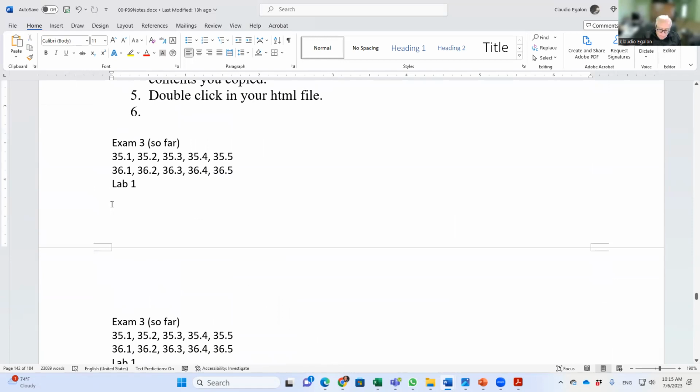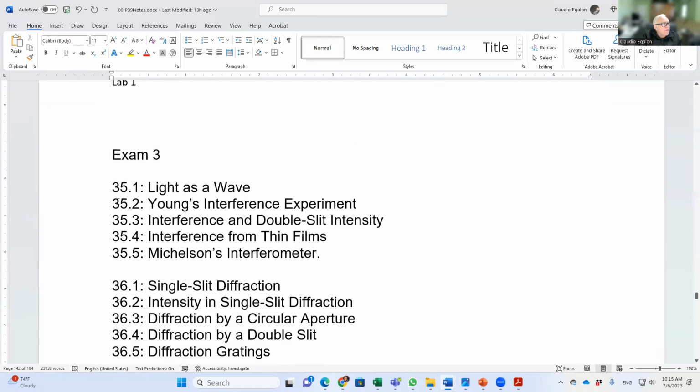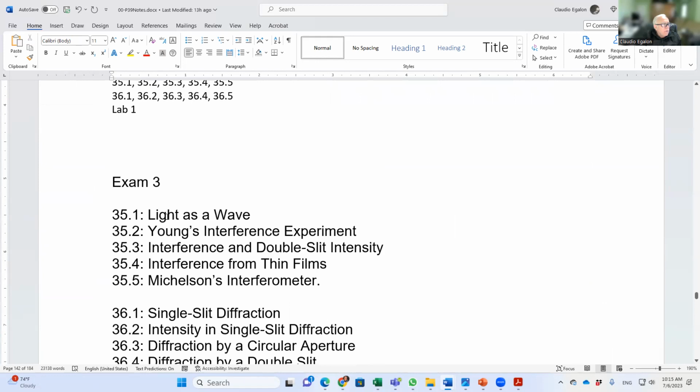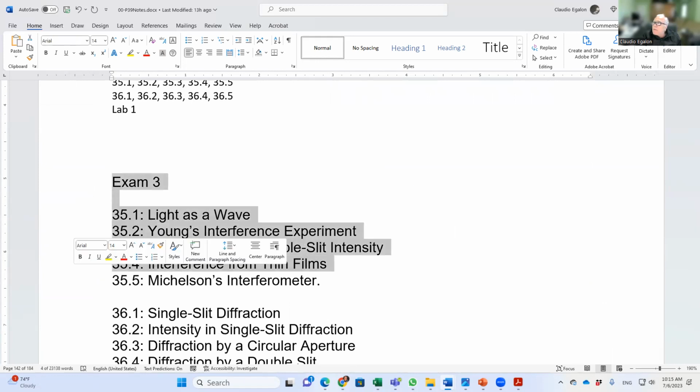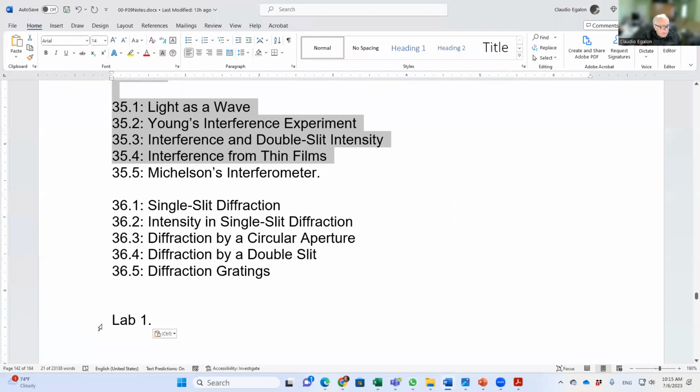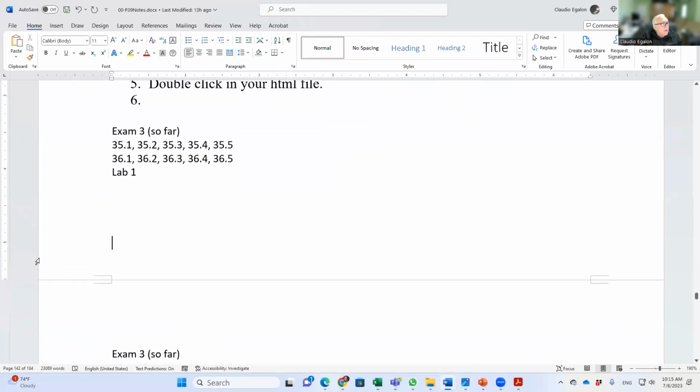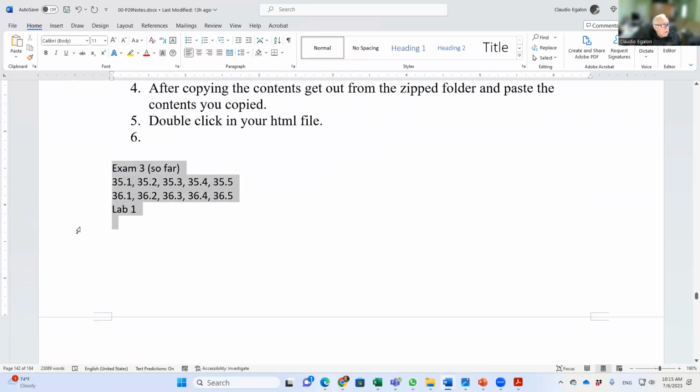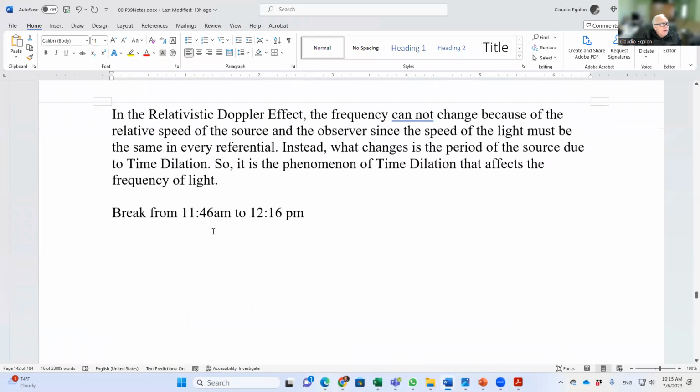I spell out what the material is, so I don't need that here. The students are coming. Okay, I can take it out.